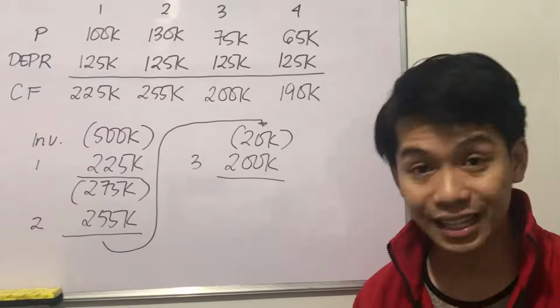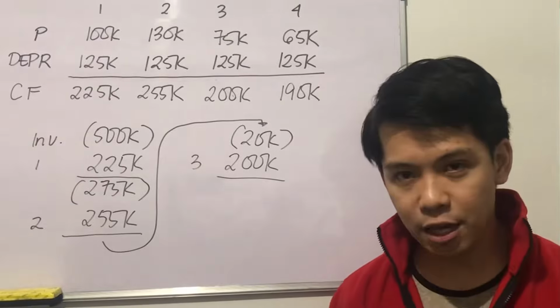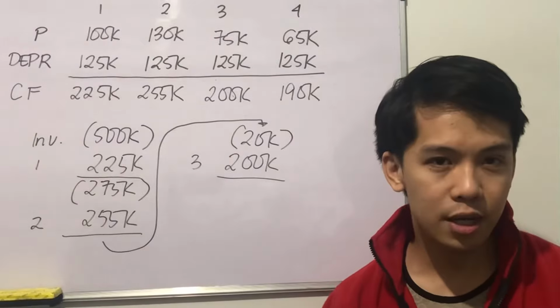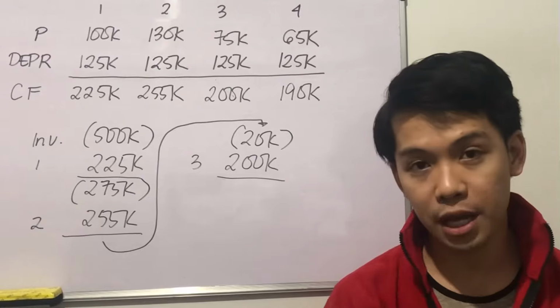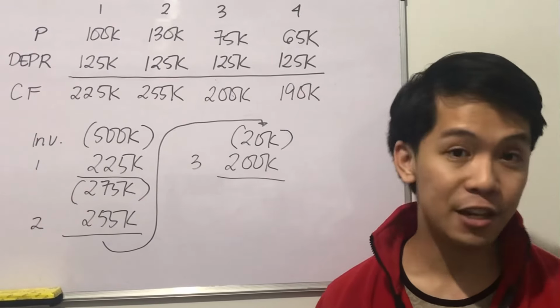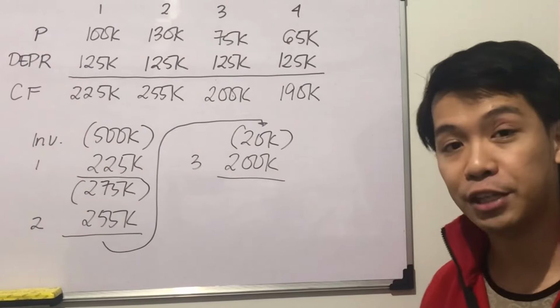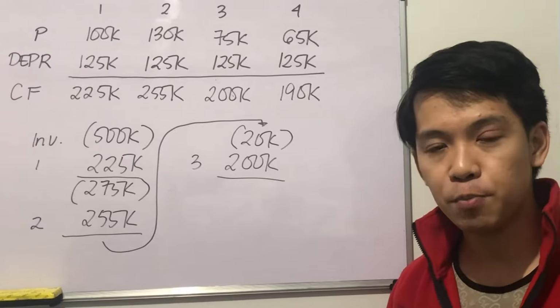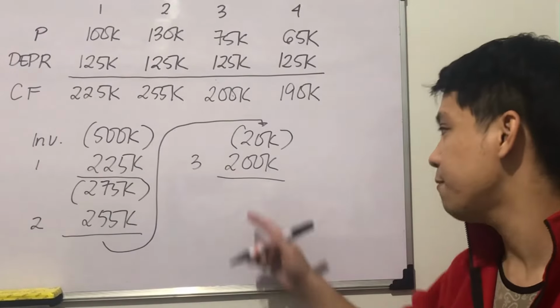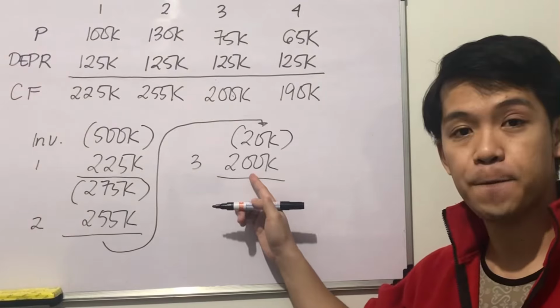We are going to make an assumption that the cash flows generated in 1 year are evenly distributed throughout that entire year. For this 200,000 in year 3, we can assume that every day we're going to have 1/365 of this amount.